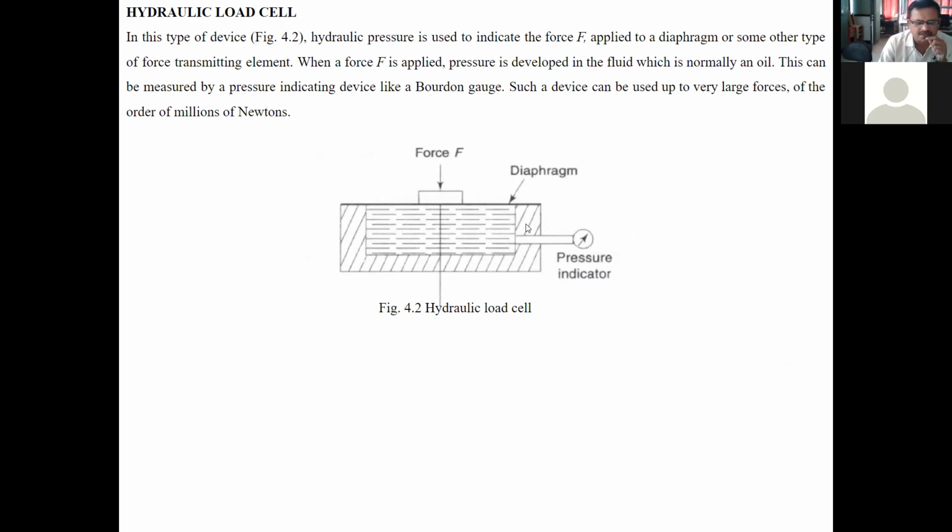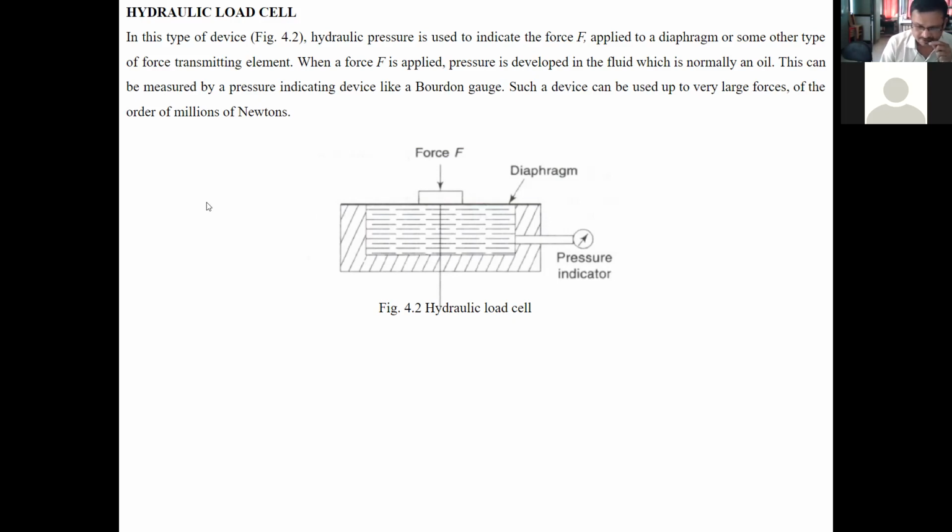Over the top of that, this diaphragm is there, and here maybe the load cell is there. When we apply an unknown force F to this load cell, what will happen? This diaphragm will get deflected and this liquid will get compressed.